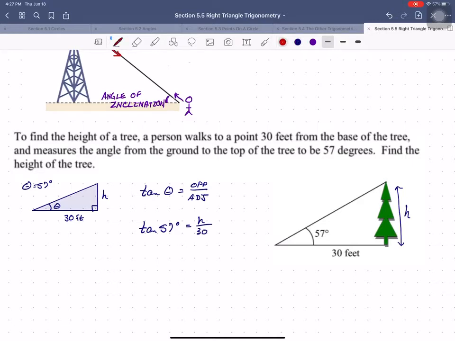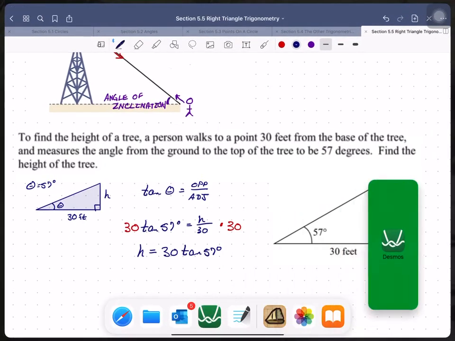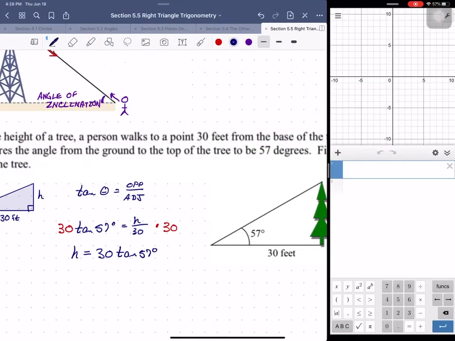We can multiply both sides of this equation by 30, and we find that the height of the tree equals 30 times the tangent of 57 degrees. Now that's accurate, but it's not very helpful because we really want to know in feet how tall that tree is.